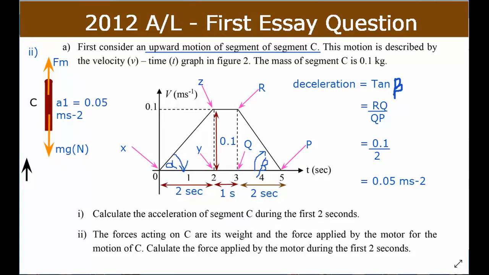To which direction here? We should apply F equals MA, but to which direction? Segment C is still moving up. Am I right?